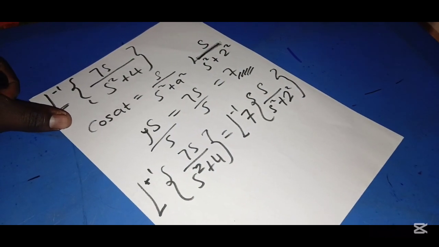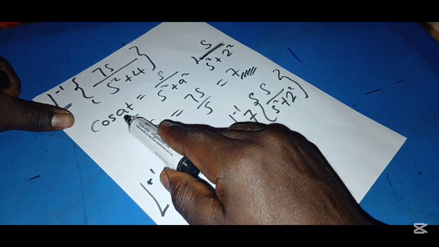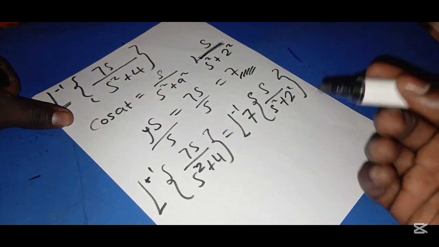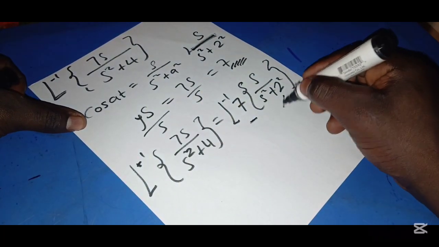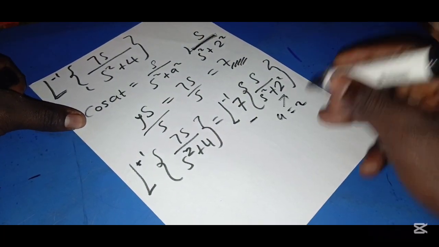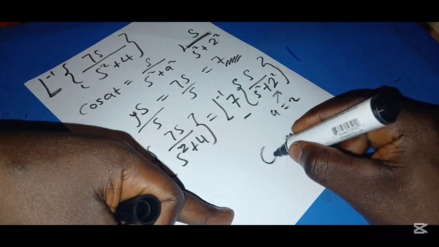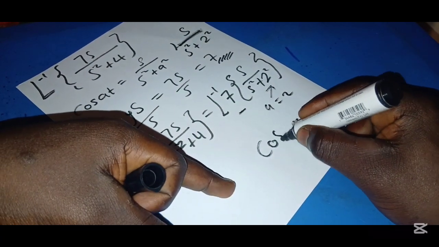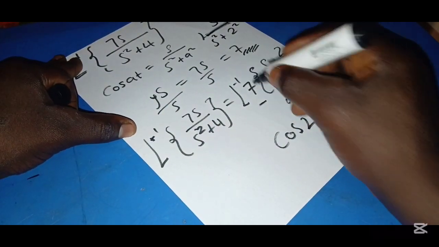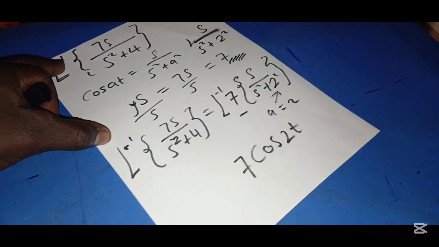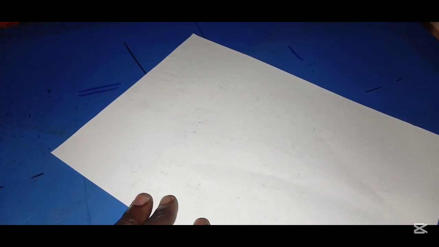Since I'm converting a function of this form to this form, my interest is to find a and to see whether there is a constant. And indeed there is a constant. Now that I know the value for a equals 2, and it is a cos at function, then cos at, and my a is 2. And then now I'll bring in my constant. That's it.